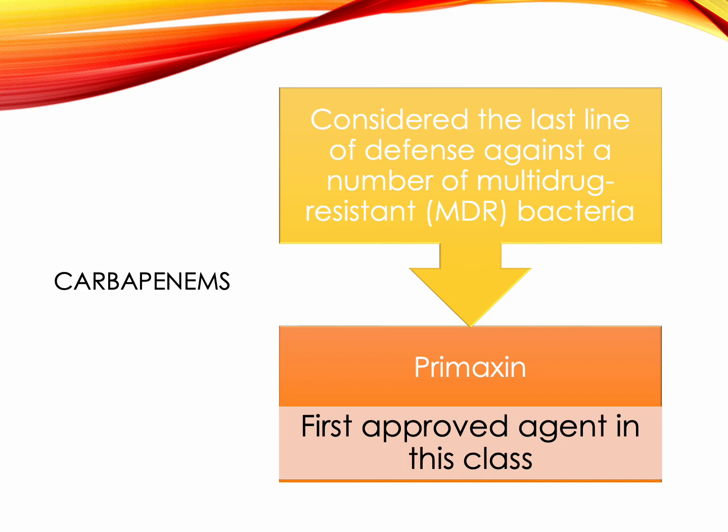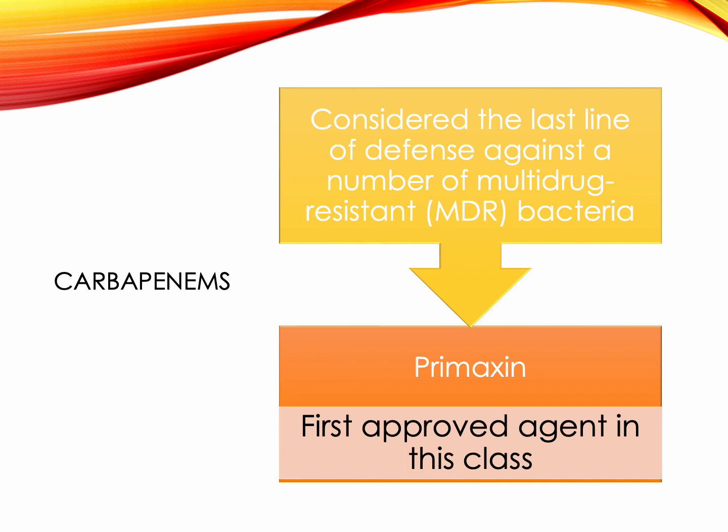So let's move on and talk a bit about carbapenems. Now, carbapenems are a wide-spectrum antibiotic that are effective against many gram-positive, gram-negative, and anaerobic bacteria. However, most are not effective against Enterococcus faecium and MRSA. These antibiotics are considered the last line of defense against a number of multi-drug resistant bacteria.